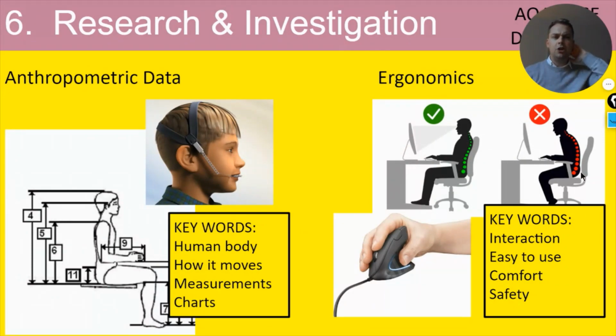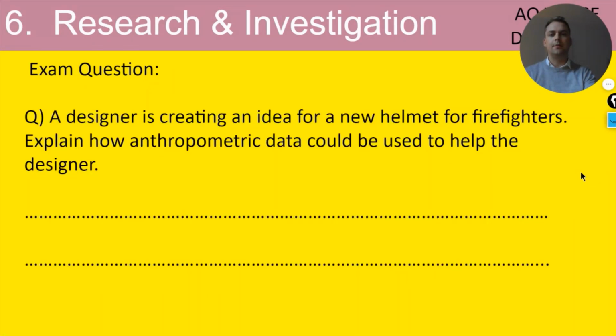However, if we just took that data and then we designed the product, we don't know if it's going to be easy to use, comfortable, or safe. And that's where we need to explore the ergonomic design of that particular product.